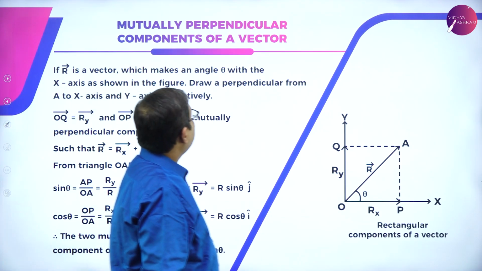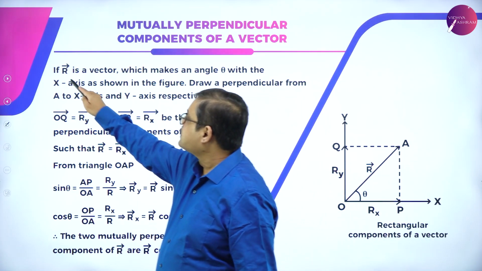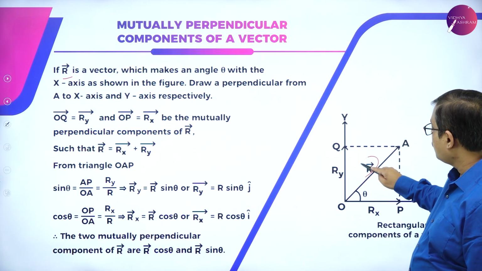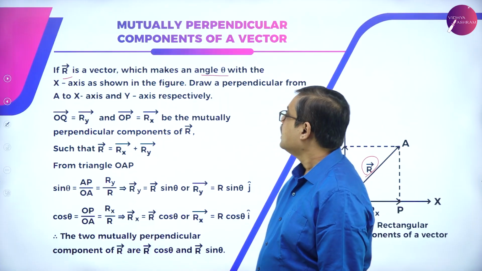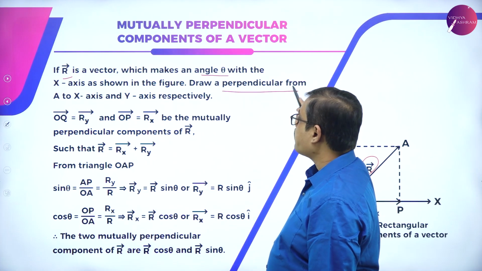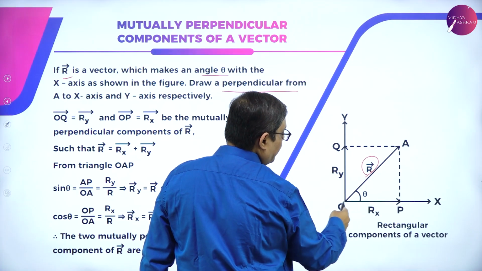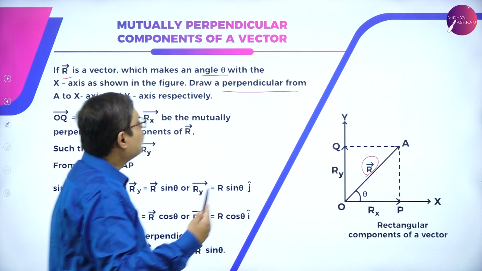Next, mutually perpendicular components of a vector. Suppose R is a vector, see this is vector R which makes an angle theta with the x-axis. Okay, you can draw a perpendicular from this point A to point P on the x-axis and one horizontal line Q onto the y-axis.